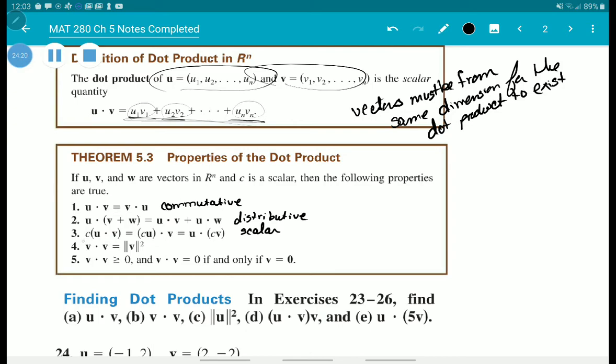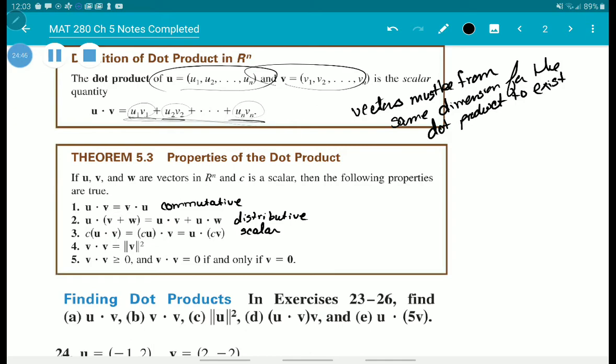So if I take a scalar times the dot product of u and v, that's the same as the scalar multiplied by u dotted with v, or u dotted with the scalar times v. Notice we are not putting that scalar with both of those, only with one.